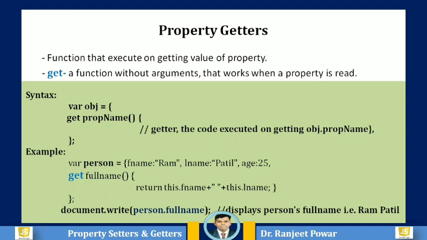In the given example, object person is created having one getter function to get the full name of a person. When we try to access person's full name using the getter, in this example, it will display Ram Patil. A very common use of getters is to expose properties of an object in a safe way.